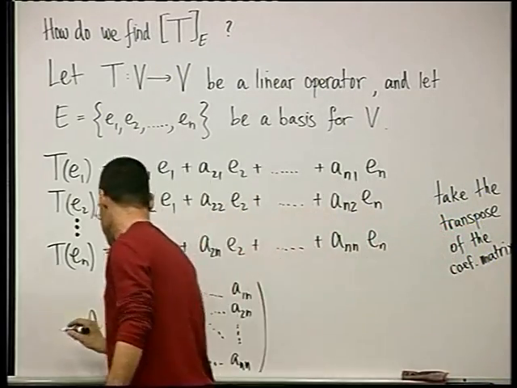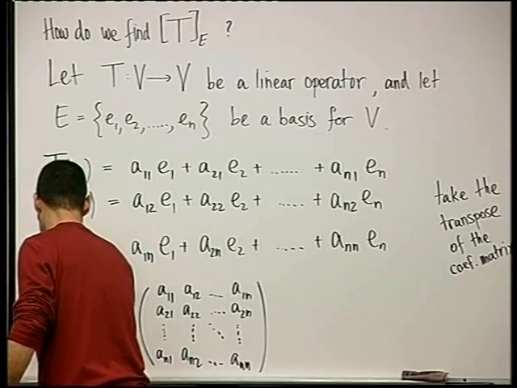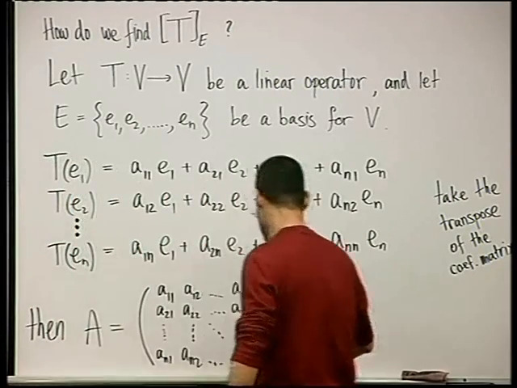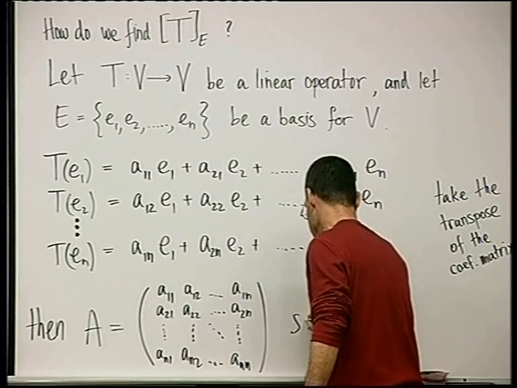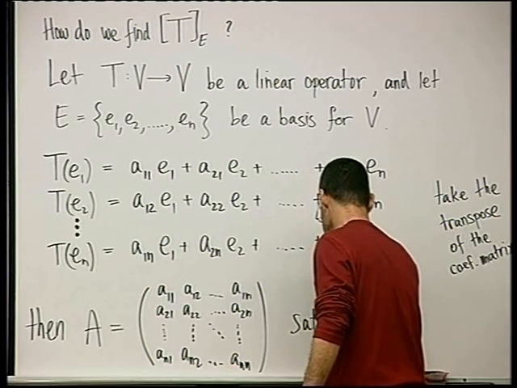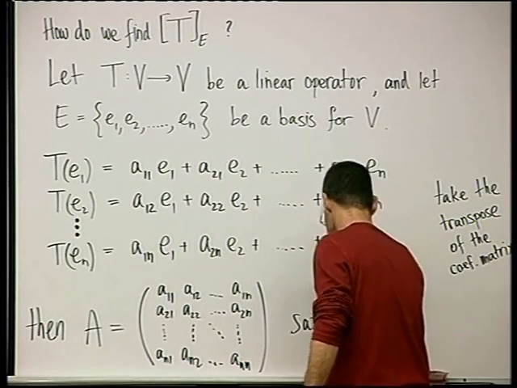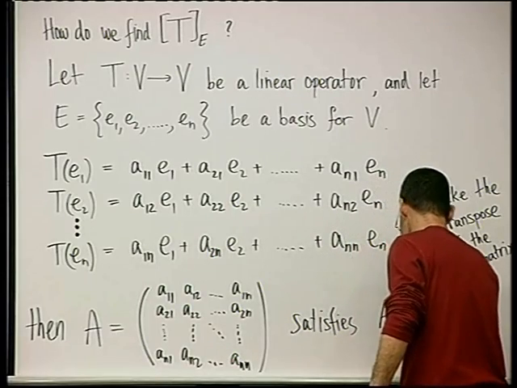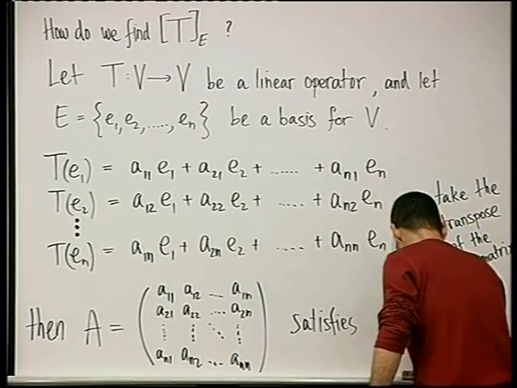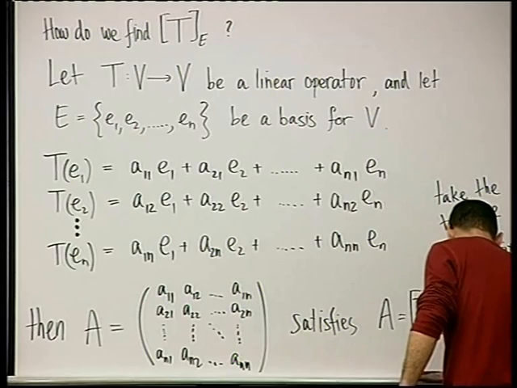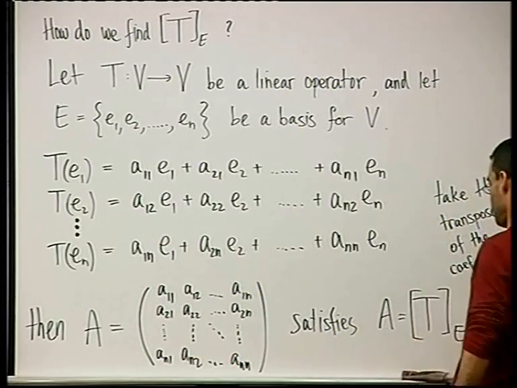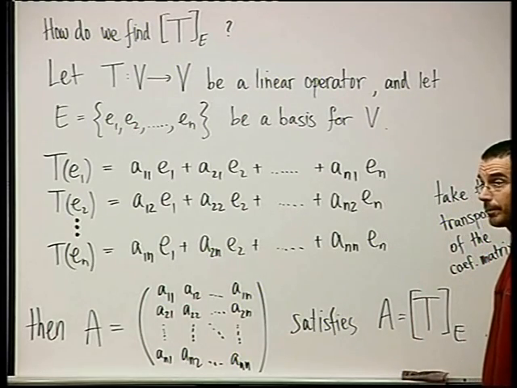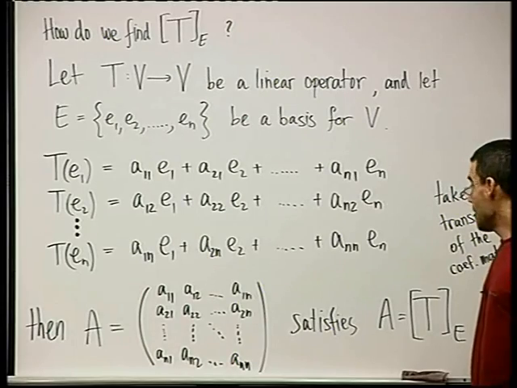So we get then that A satisfies: A is none other than the matrix representation of T with respect to the basis E. Okay?